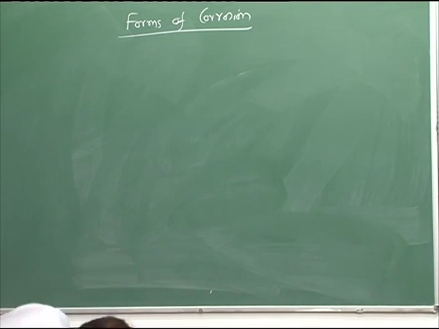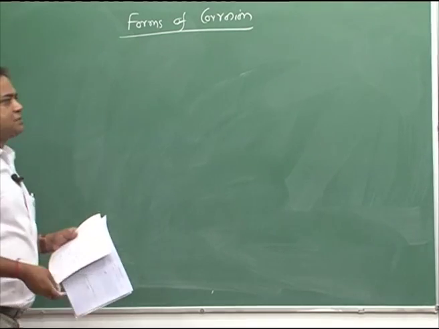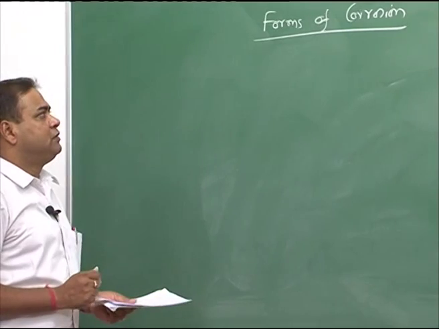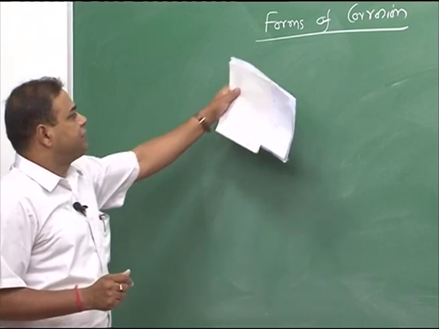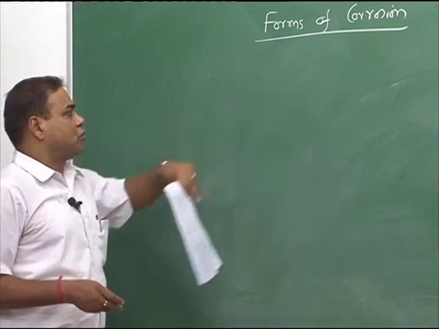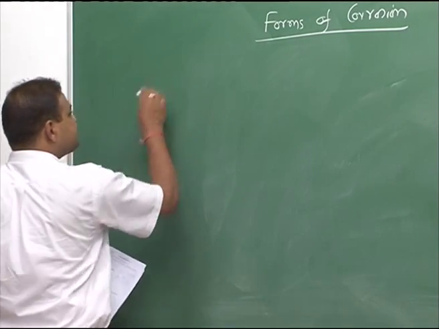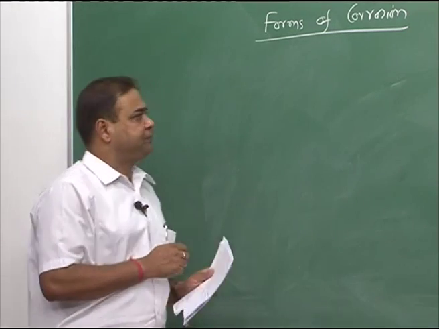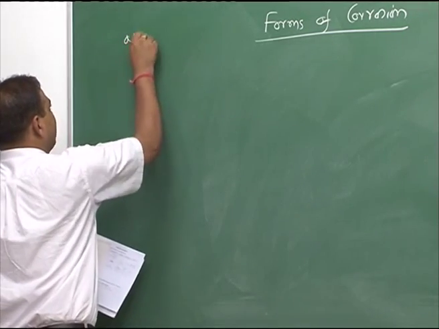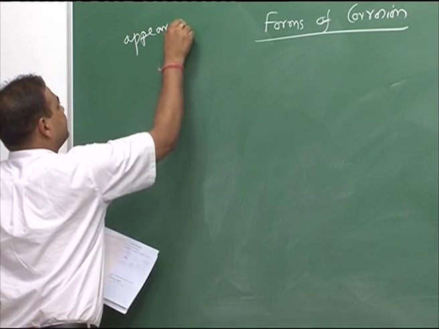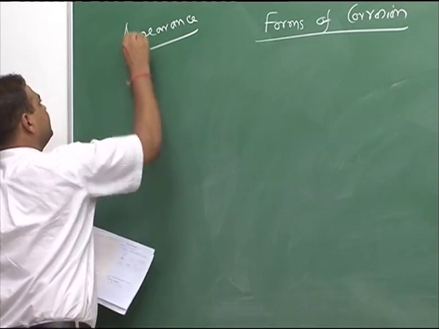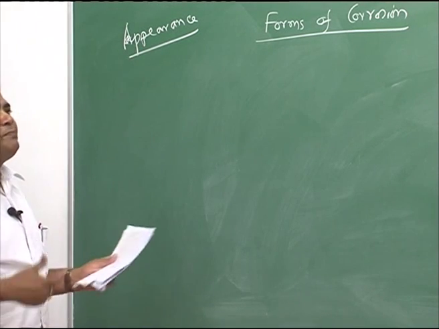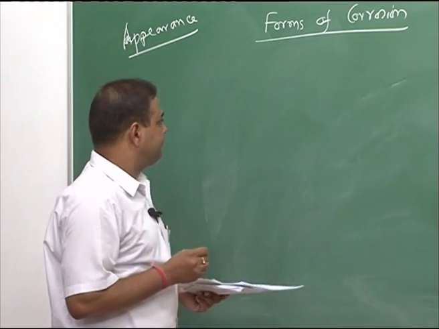Let us have different forms of corrosion, and this is mainly based on the appearance on the metal surface. This is based on appearance, and we have 8 major forms of corrosion.